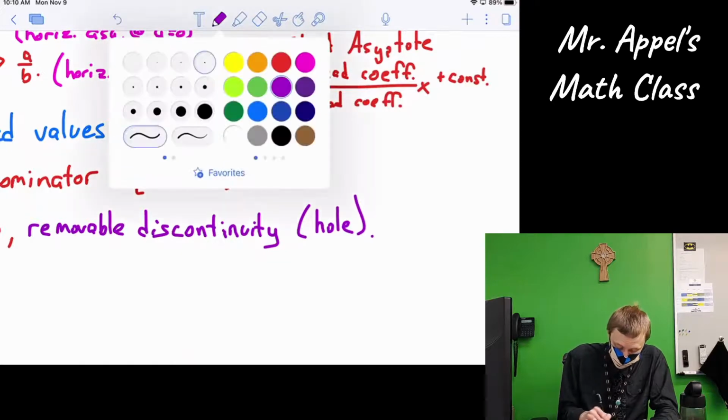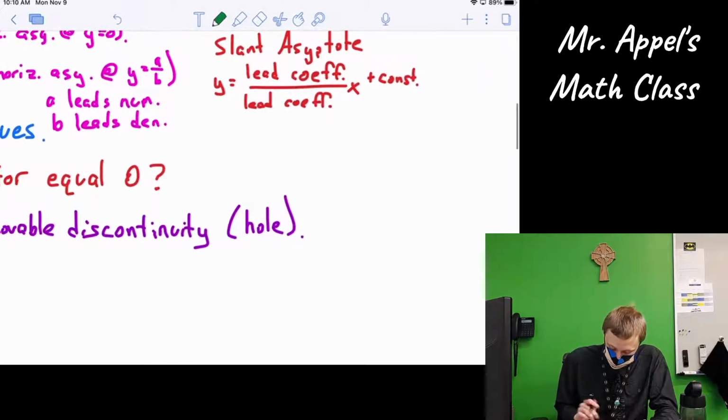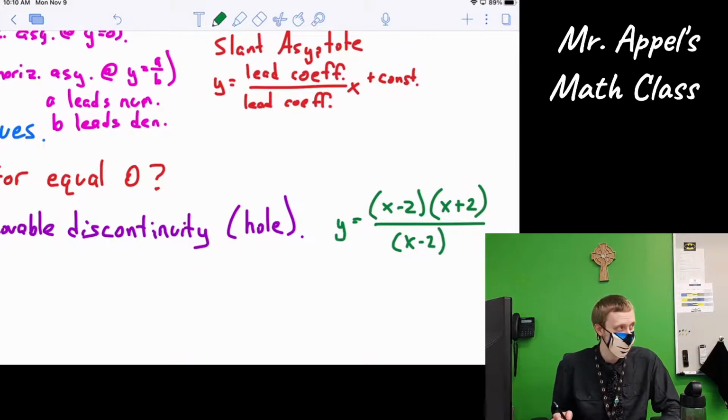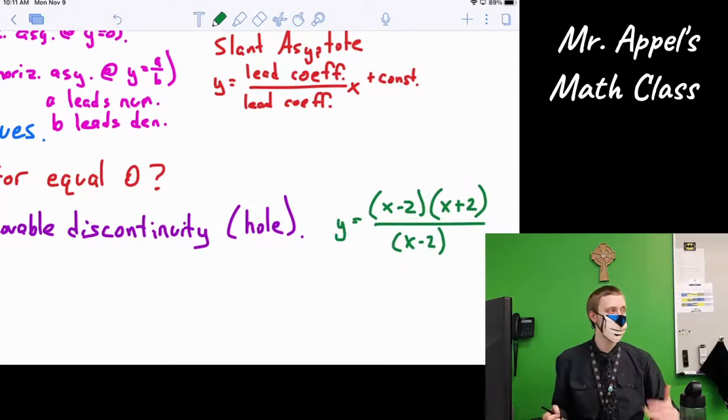Well, recall, if we were to factor these, we could have something like (x minus 2)(x plus 2) divided by (x minus 2). Real simple example. Hey, look, I've got the same thing on the top and the bottom.